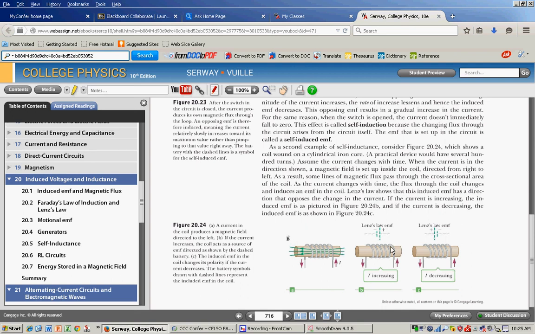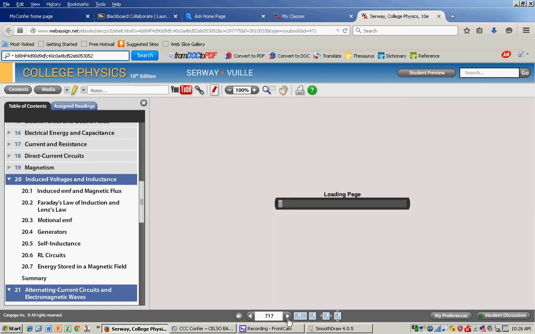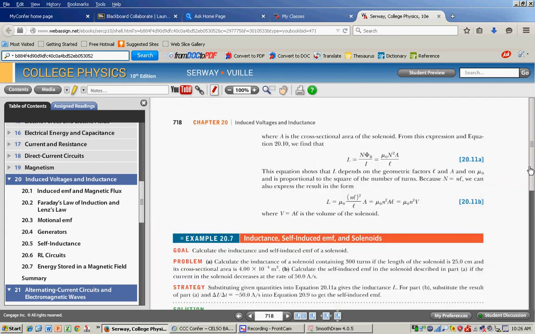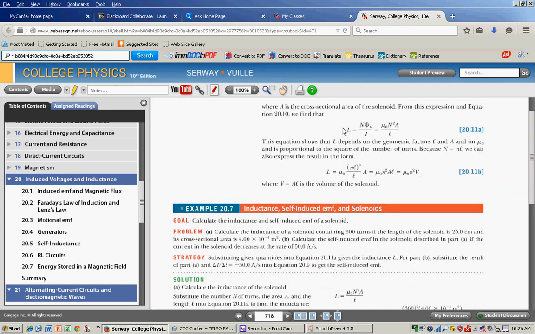So you have an induced current that opposes the growth of that one, right? Because the current is increasing. So this works as if there was a power supply that is shooting current in the opposite direction, preventing the current from growing as it should. By the same token, if the current is decreasing, the EMF generated is going to go the other way.